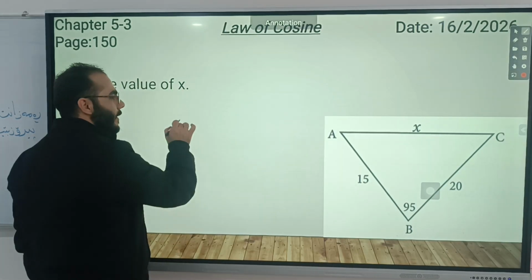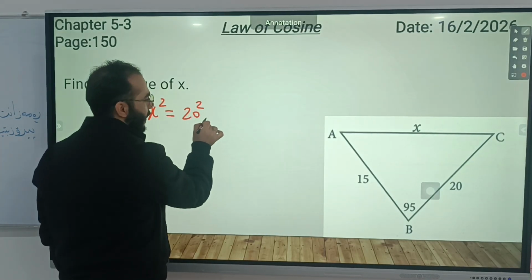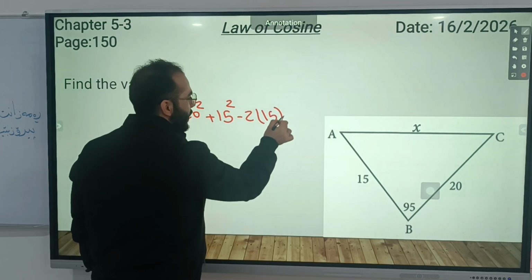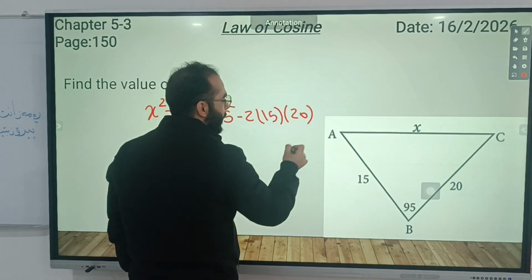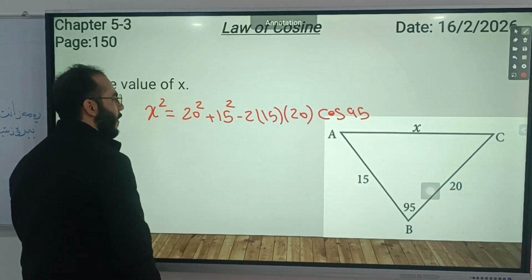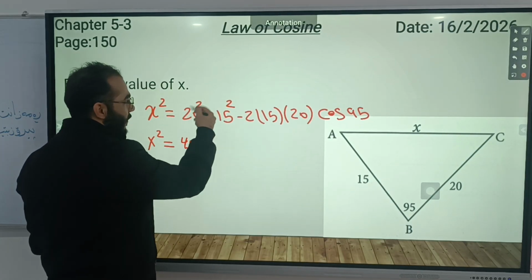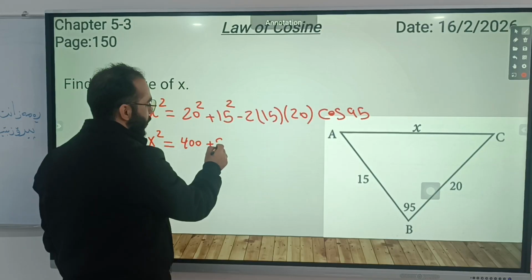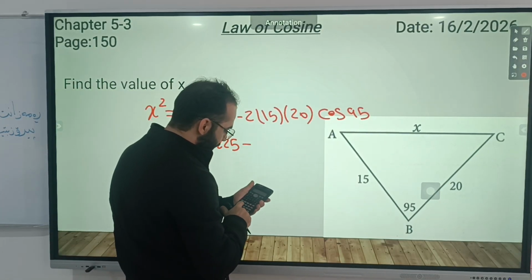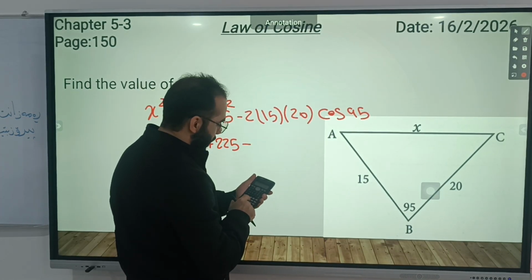law of cosine. So we're going to say x squared equals 20 squared plus 15 squared minus 2 times 15 times 20 times cosine 95. So x squared equals 20 squared, which is 400, plus 15 squared, which is 225, minus 2 times 15 times 20 times cosine 95.